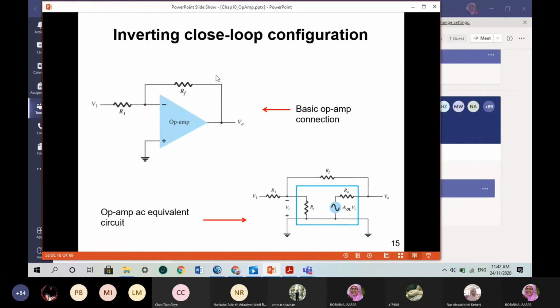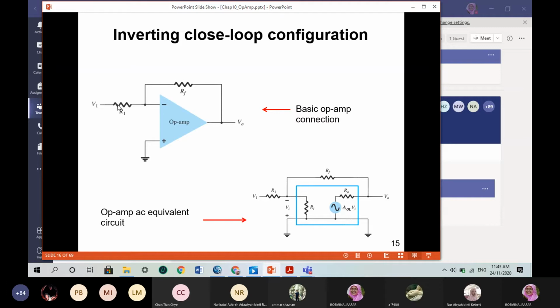If we consider the closed loop configuration, we apply V input to the inverting input and connect an external resistor RF. We call it RF because this resistor is the feedback resistor from the output terminal to the input terminal.